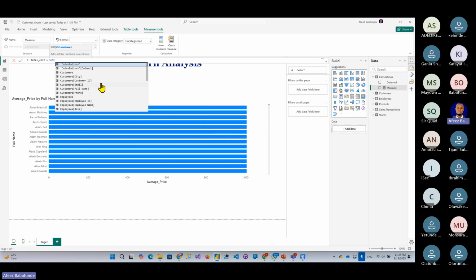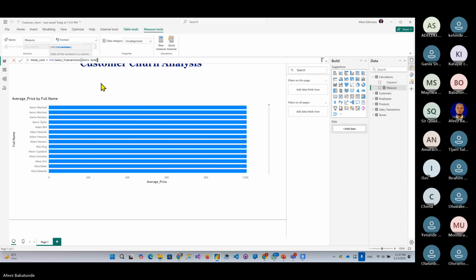Which column do I want to get? Unit sold, multiplied by related product cost price column name.